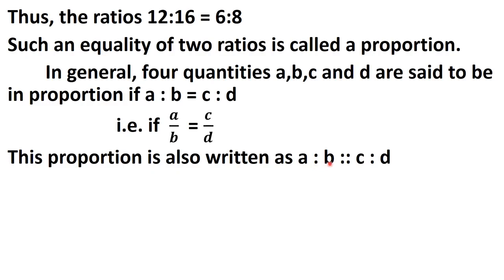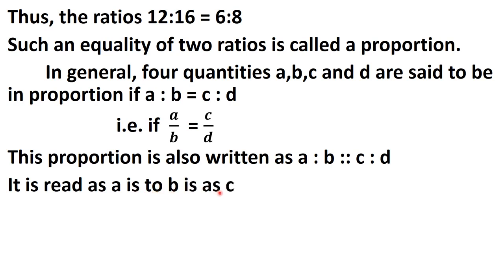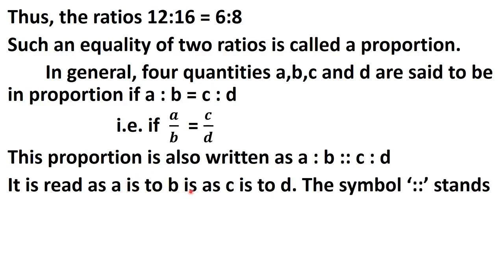So A is to B :: C is to D, or we read it as A is to B as C is to D. Here 'as' means equal. A is to B as C is to D. The symbol stands for 'as', or we can say proportion.